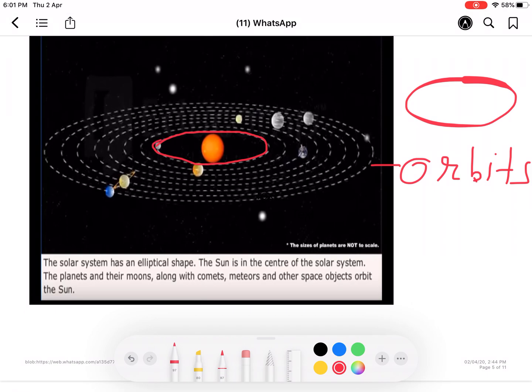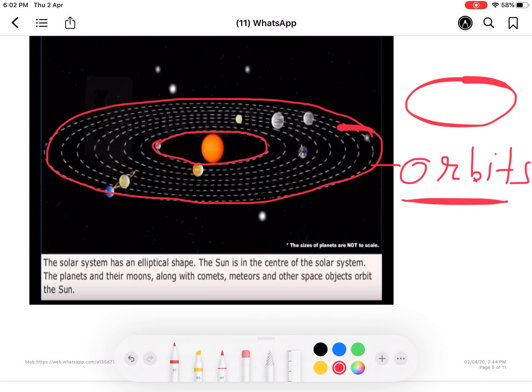So this fixed path is called the orbit of Mercury. In the same way, this is the orbit of the farthest planet. Clear? So the shape of the solar system is elliptical, and the 8 planets of the solar system move around the sun in fixed paths, and these paths are called orbits.